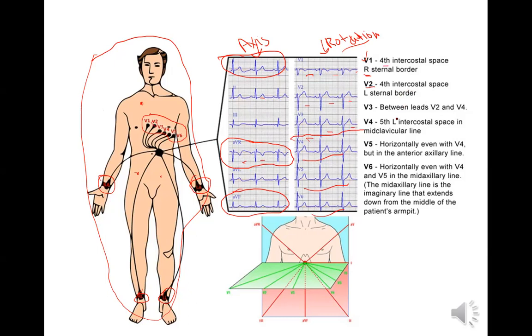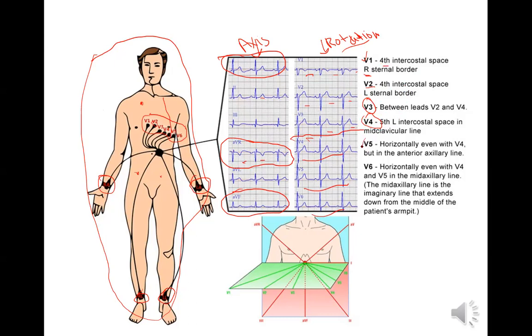Again, fourth intercostal space. And then I put lead V4, which is midclavicular line, which again, right through the clavicle and the nipple on the male. Fifth intercostal space. And then I take V3 and I split the difference between V2 and V4 and try to get it on soft tissue if you can.